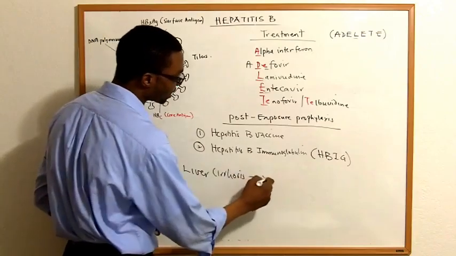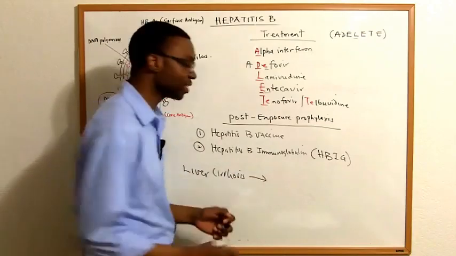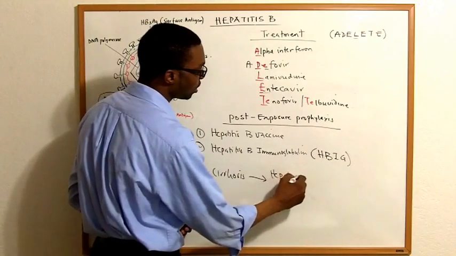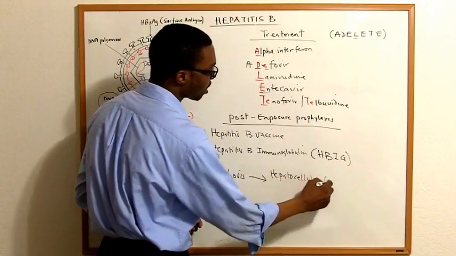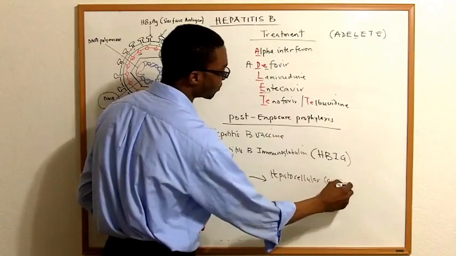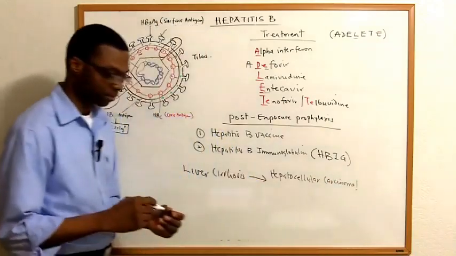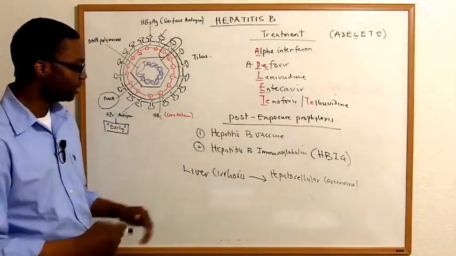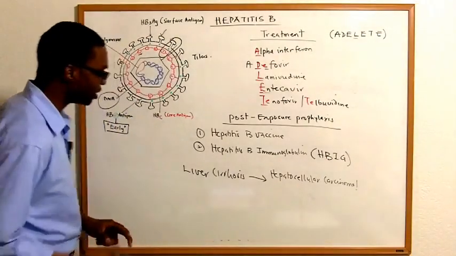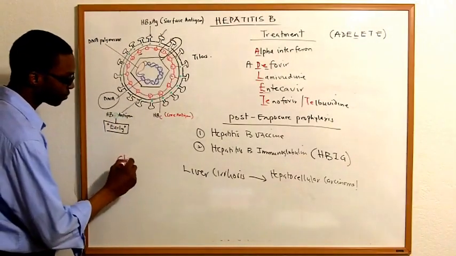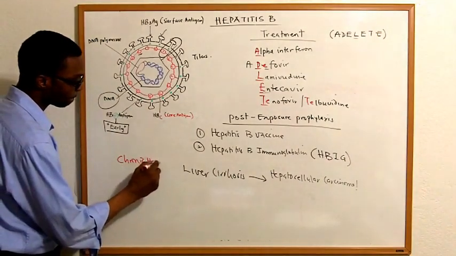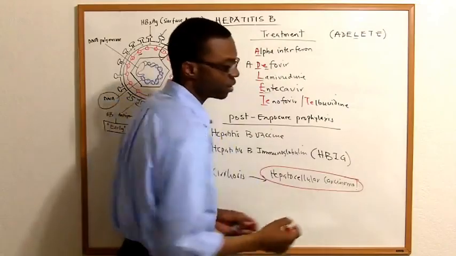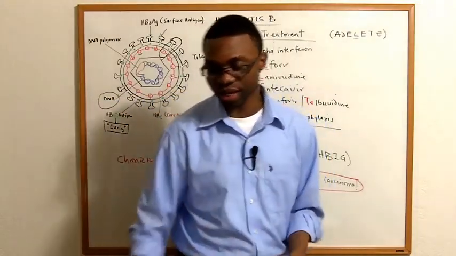Patients that develop liver cirrhosis have an increased risk of developing hepatocellular carcinoma. That is why we care about the 5% that develop chronic hepatitis B. That is the end result. Okay? Cancer of the liver. That's what the virus can cause.